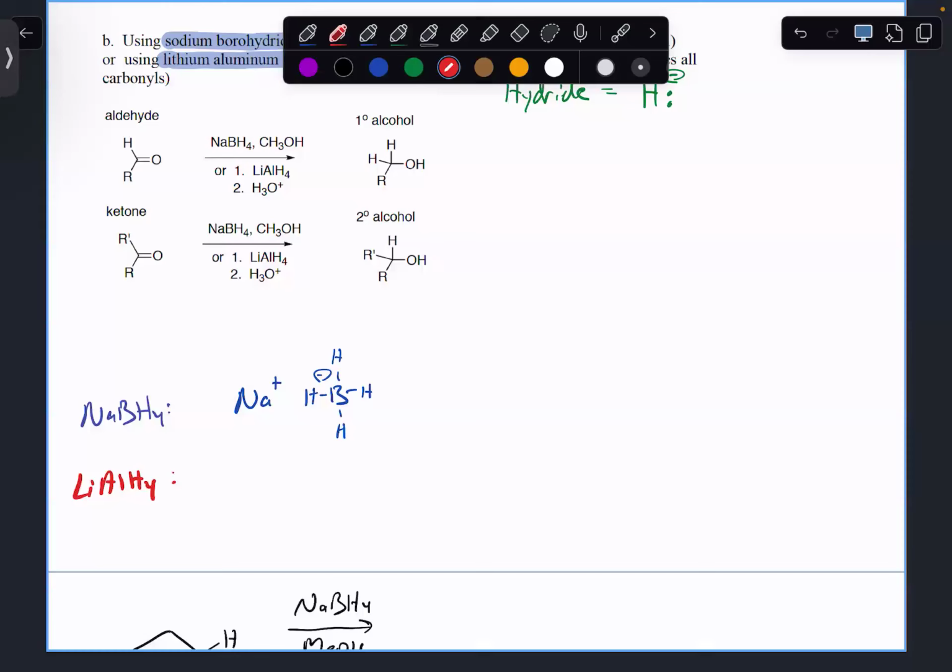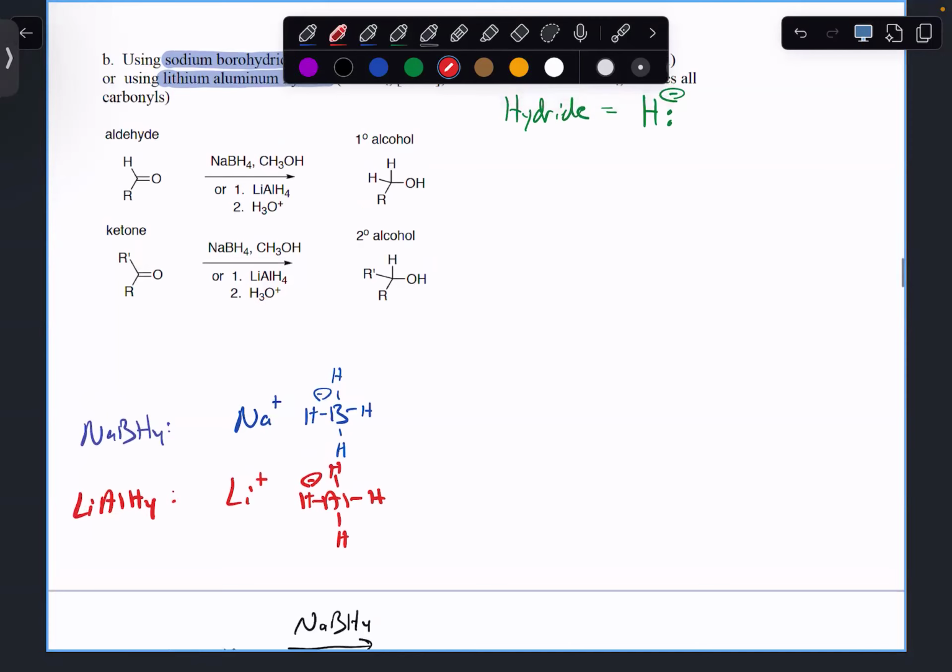And it looks very similar. Just this time the positive ion is lithium, and you have the AlH4 minus as the negative hydride source. All right. Now, these will effectively do pretty much the same thing. Like I said, they are both sources of hydride.